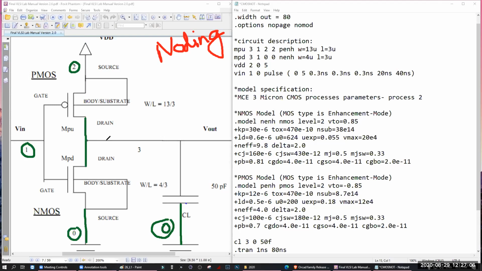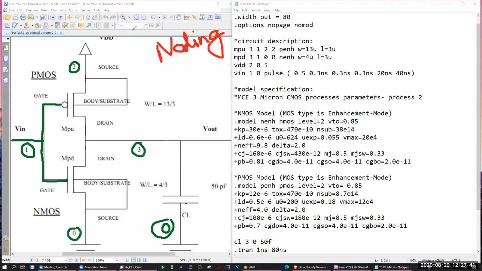Here we have a node, 3. This is node number 3. Understood? Any more nodes? No, this is 0. This is connected to 0. This is 2, connected to 2. This is 3. This is 3. This is 1, right? The gate is 1, connected to 1. Understood?